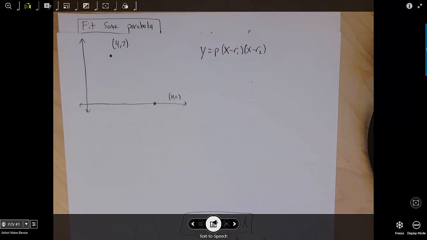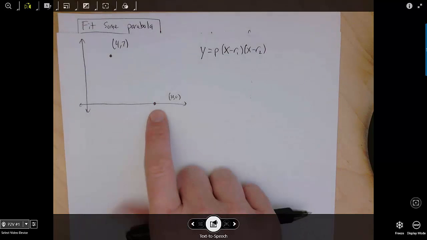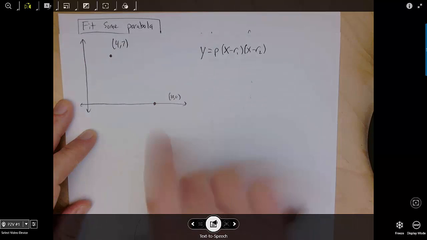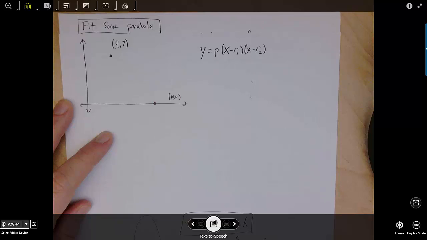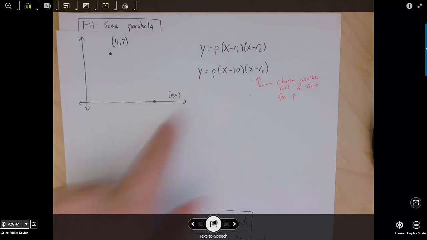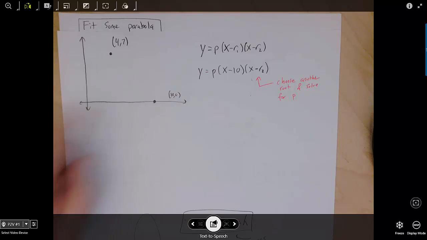Just to show you how flexibly you can think about this, let's choose a different form. Let's choose root form. And I did that because I noticed that this is a root. So let's make R1 be equal to 10, and that gives us this. One thing you could do next would be just choose any other root and then solve for whatever vertical scale factor will force your curve through this other point that we want.